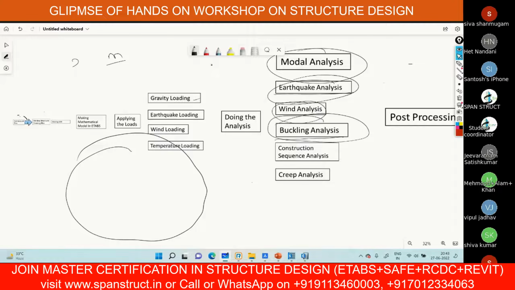Then we have a construction sequence analysis. I think you heard this before, construction sequence analysis, right? No. In this you will get the creep analysis. So construction sequence analysis is like this. The structure is not made in one day. It takes some time to build the structure, right?